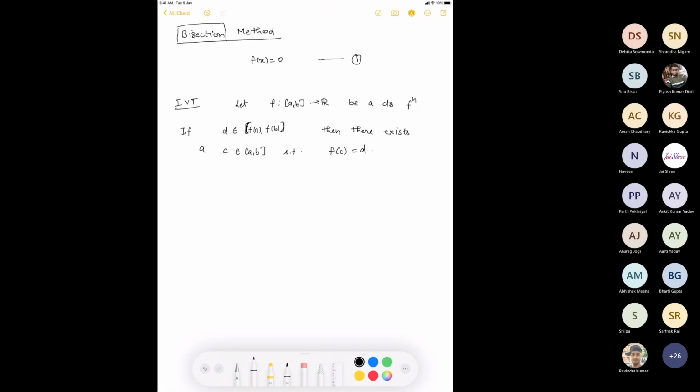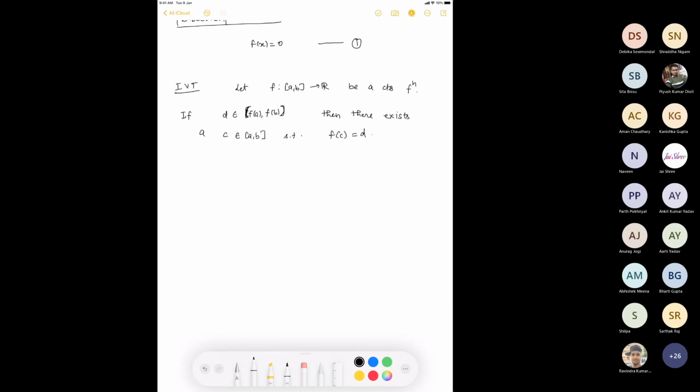This is what the intermediate value theorem says. If you consider any point between f(a) and f(b), you will find some c in the interval [a, b] which will attain this value d. So the bisection method is based on this theorem.